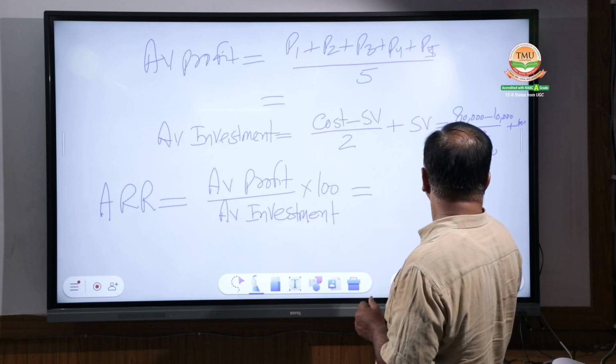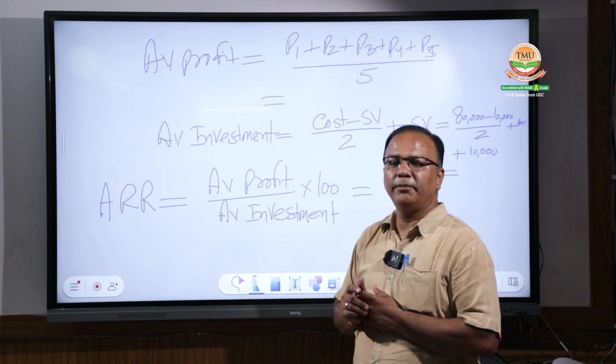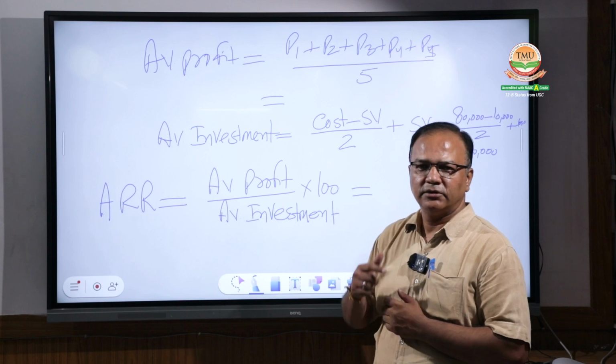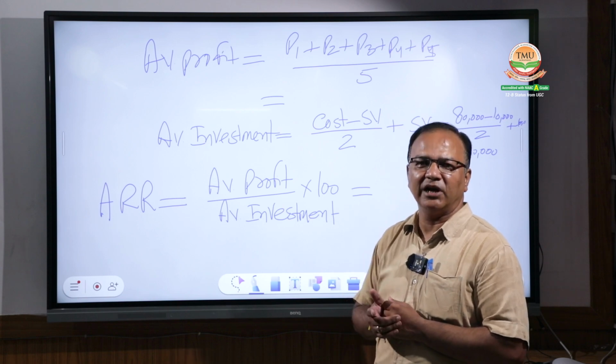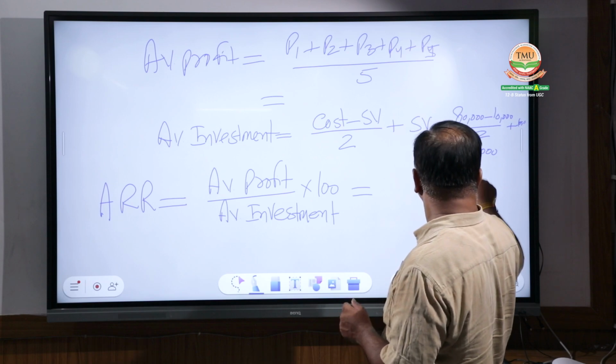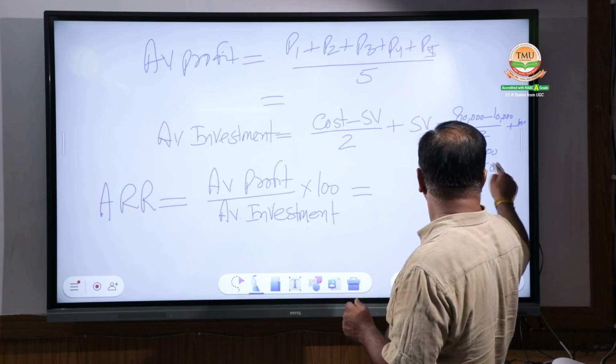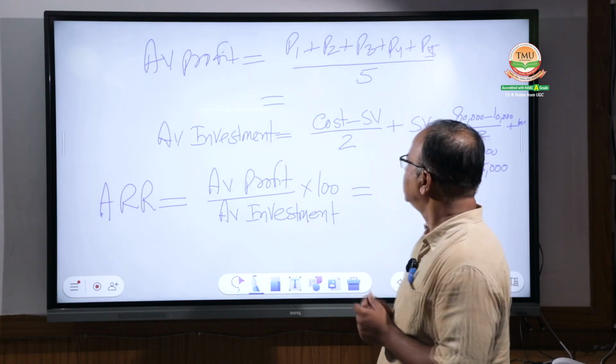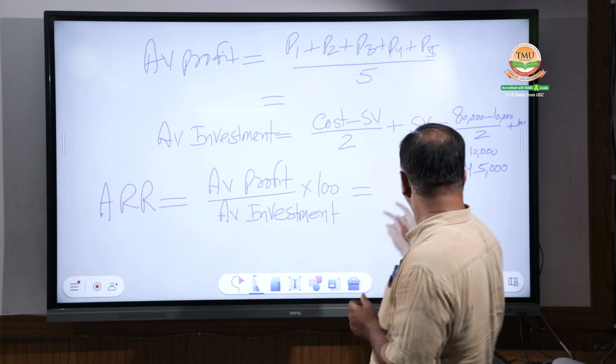Now it will be 80,000 minus 10,000, 70,000, divided by 2 will be 35,000, plus 10,000. It will be 45,000. This is average investment.